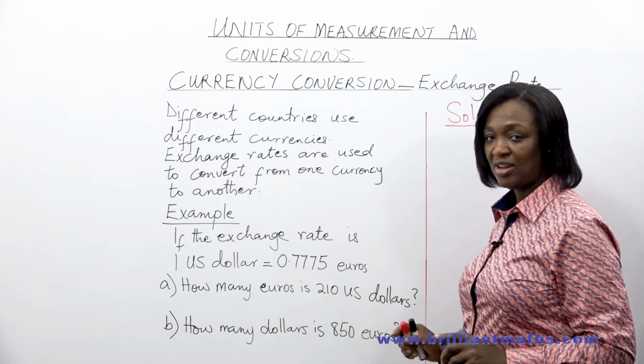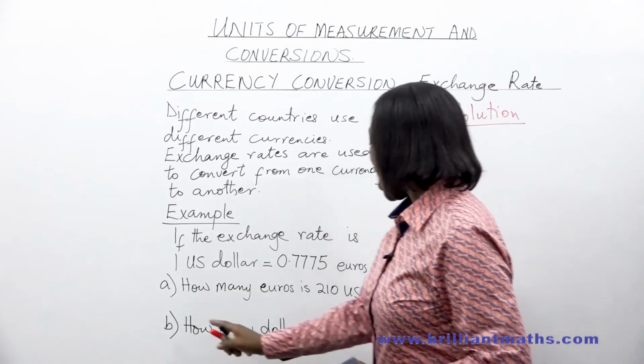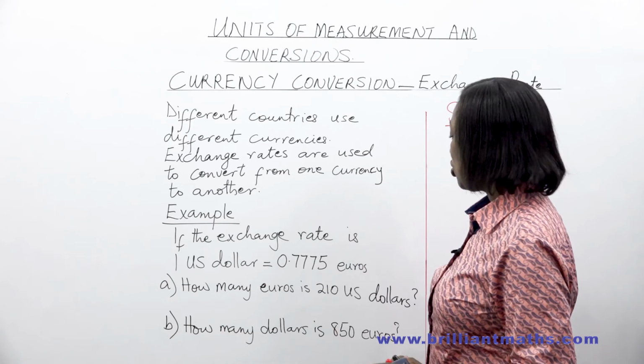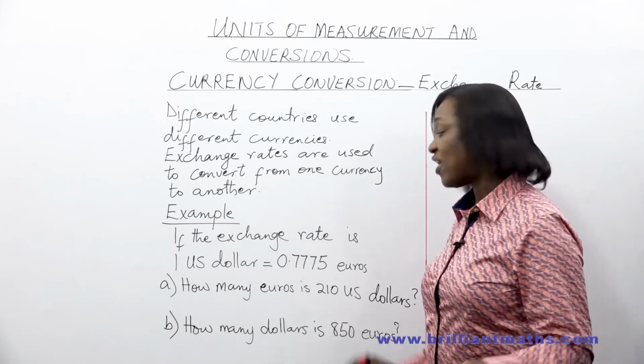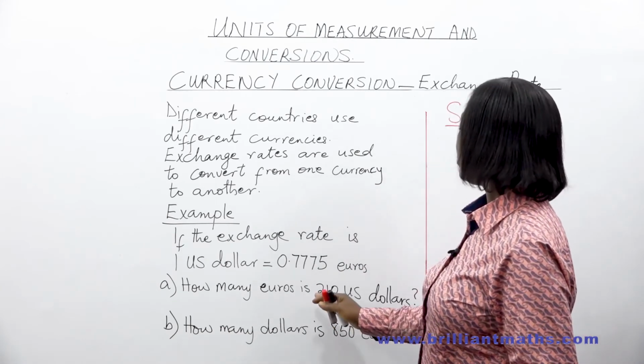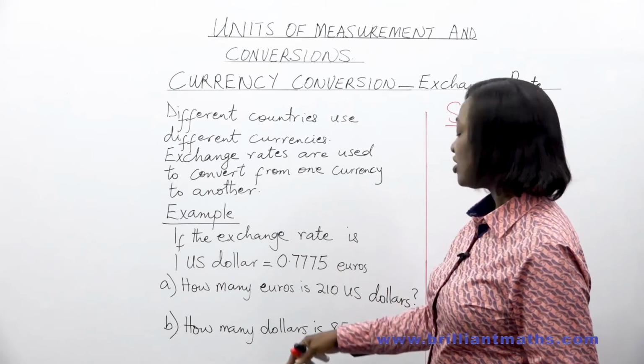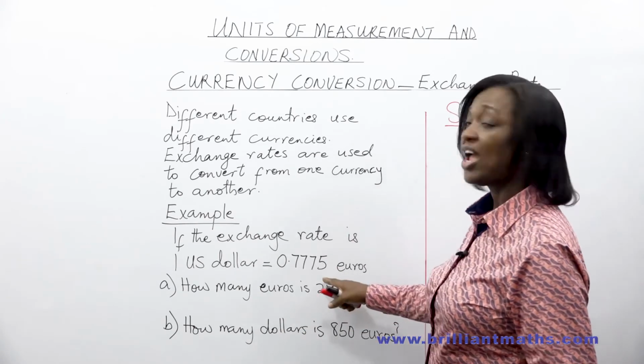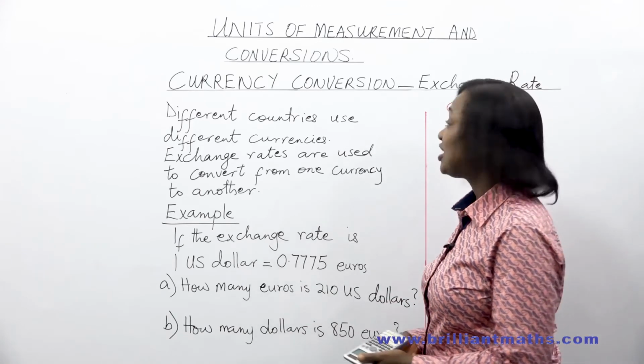That's the first question. And the second one is, how many dollars is 850 euros? So in this example, we're converting from dollars to euros and from euros to dollars using the exchange rate. So let's see how that works.